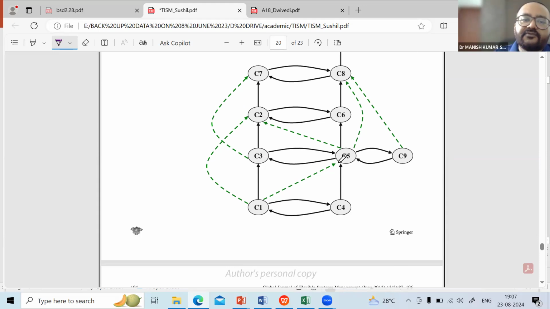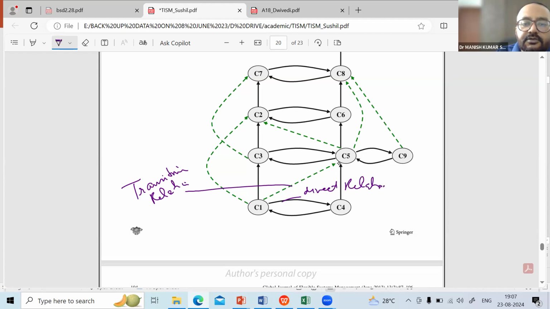Indirect relation means we call it transitive relationship. This is known as transitive relation. One is direct. This is a direct relation. So through the TISM model, we'll find out where we have direct relationships, and in which variables we have transitive relationships.